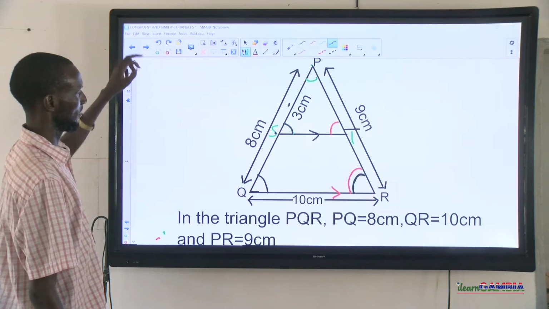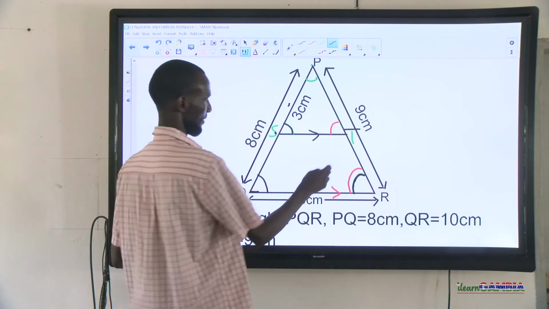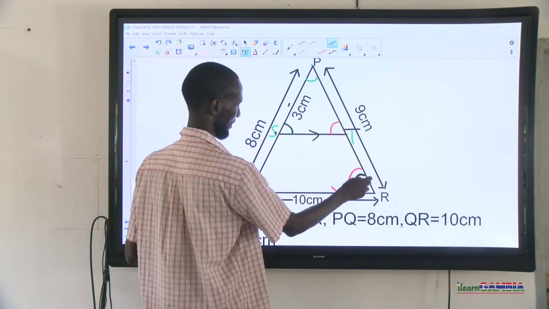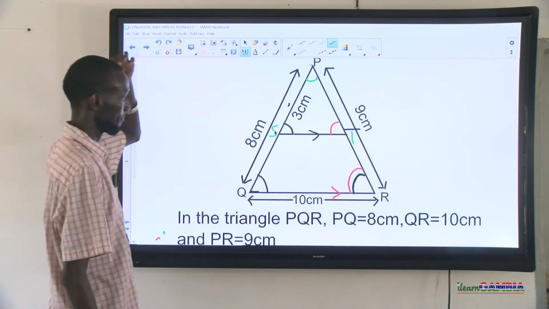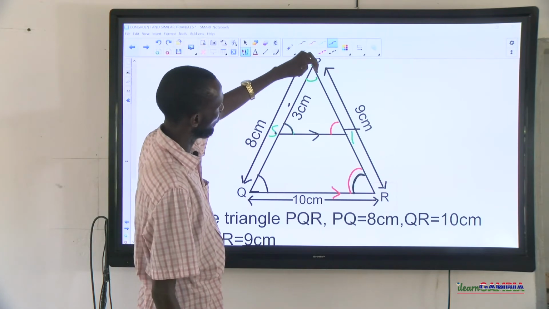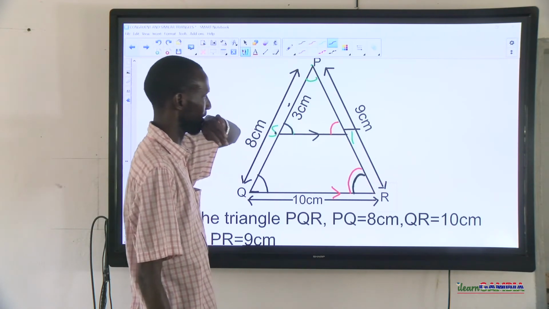Now let's go back to TR. TR is right here. Okay? But we know where TR is. We have PQ on that side, and the whole of PQ is 9 centimeters.